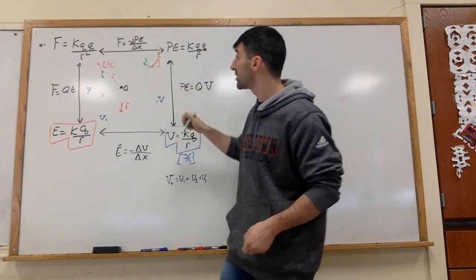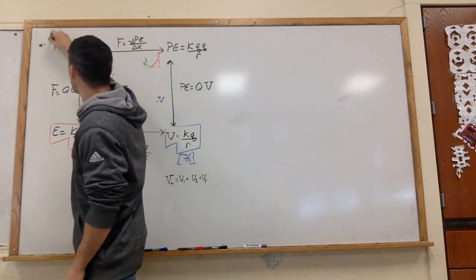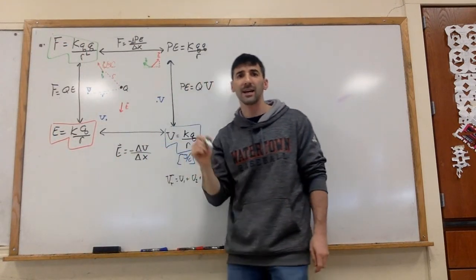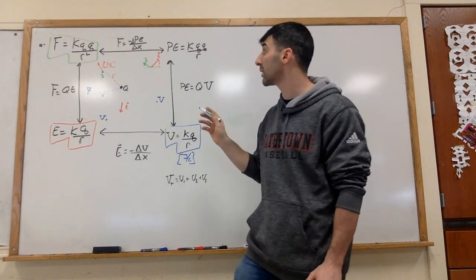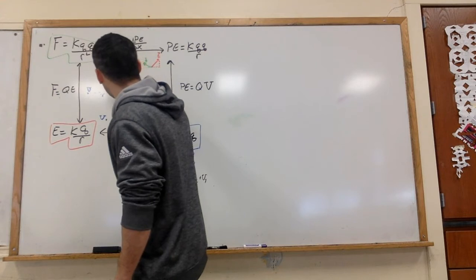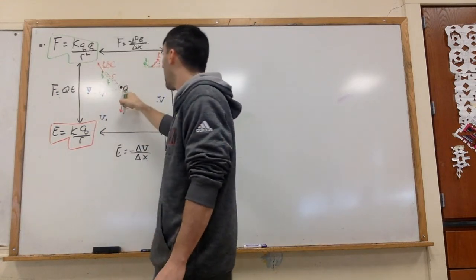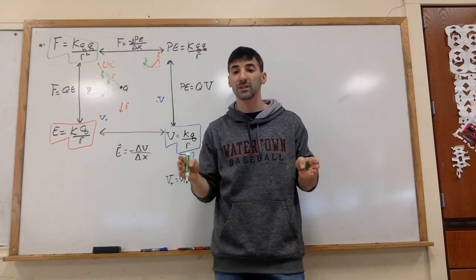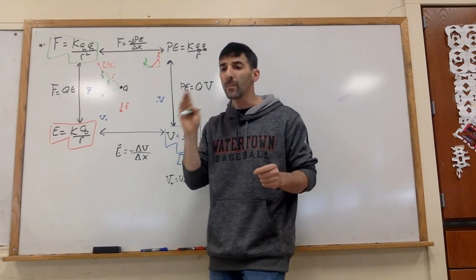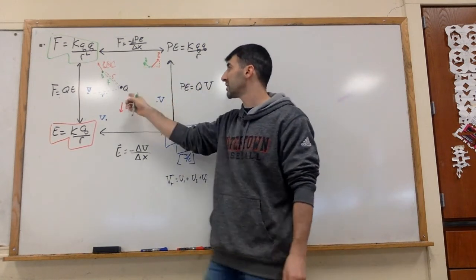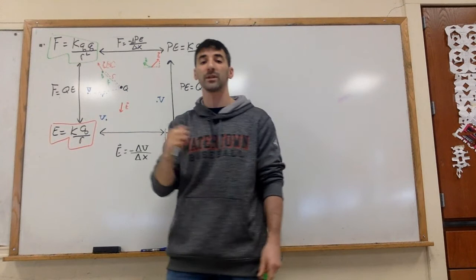And if I have these two charges, I can find the force between those two charges as KQQ over R squared. Now here, R is not just a region in space, R is the physical distance between two specific point charges.